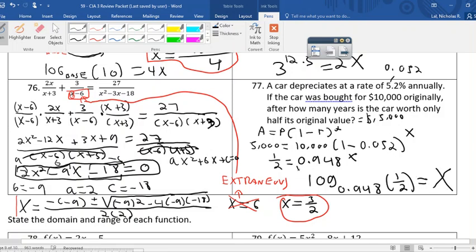Remember, we start at the base, swoosh across the equal sign. Log base 0.948 of 1/2 equals x. Plug this into your calculator, and your answer should be 12.98 years.